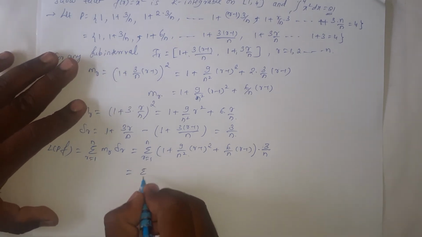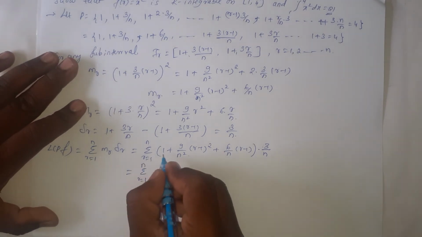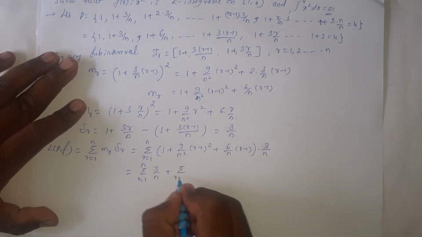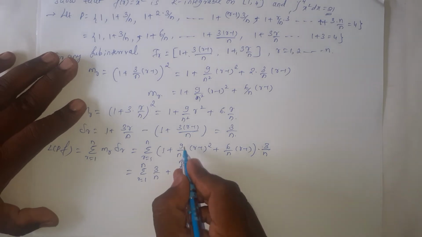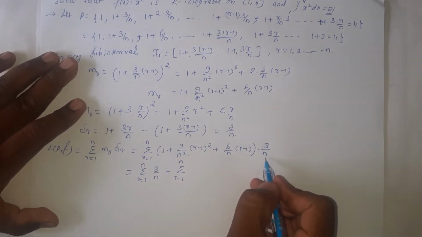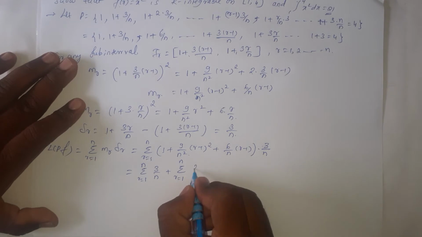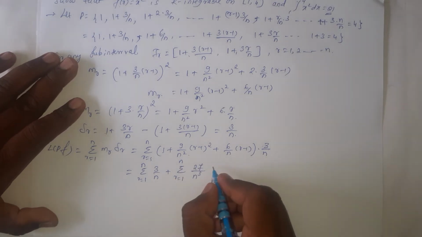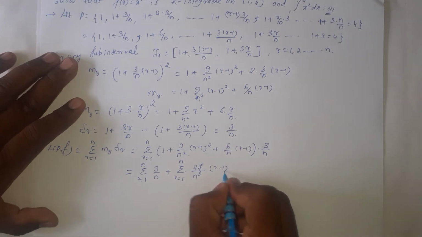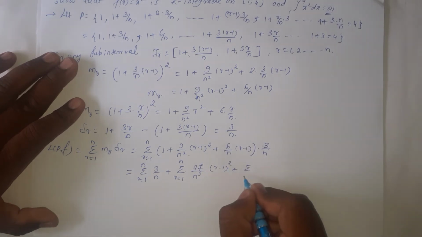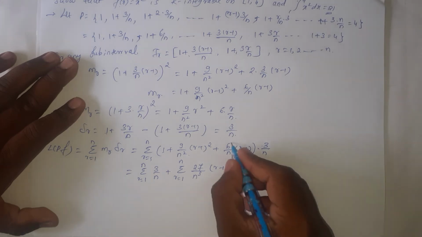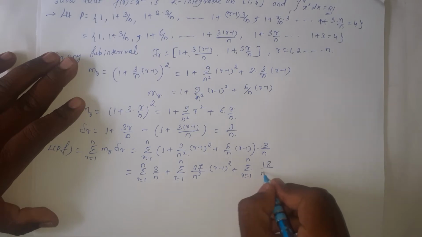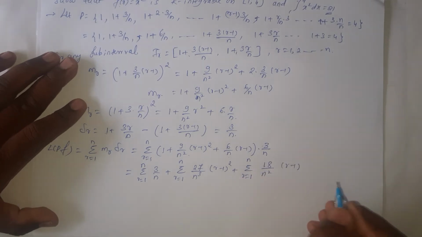Then this becomes summation over R is equal to 1 to n, here 1 into 3 by n, that is 3 by n, plus summation over R is equal to 1 to n, then 9 by n square into (R minus 1) whole square into 3 by n, here 9 into 3, that is 27 divided by n cube, because n square into n, into (R minus 1) whole square, plus summation over R is equal to 1 to n, here 6 by n into (R minus 1) into 3 by n, 6 into 3, that is 18 by n square into (R minus 1).